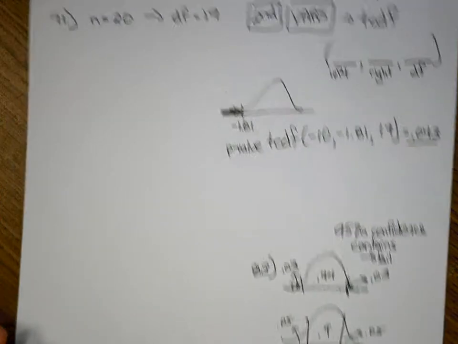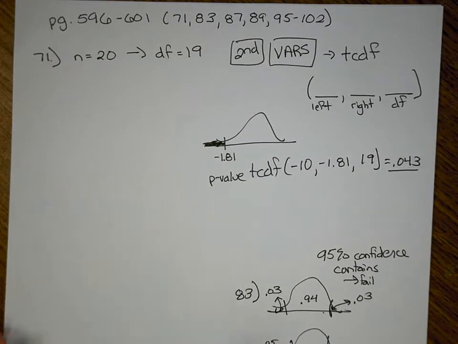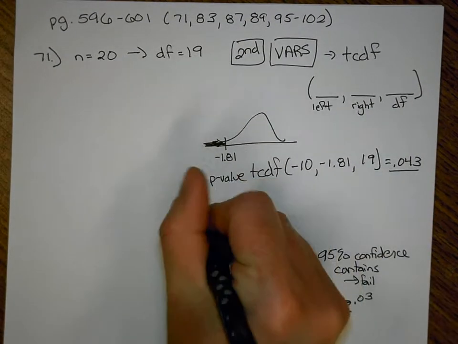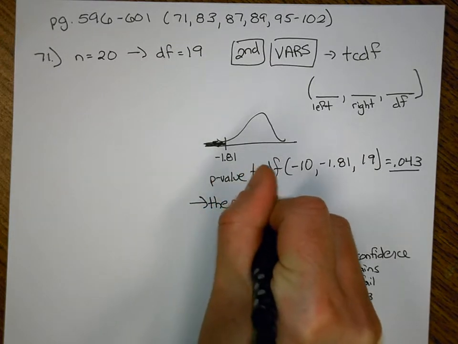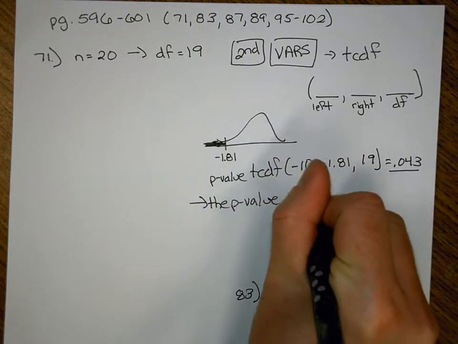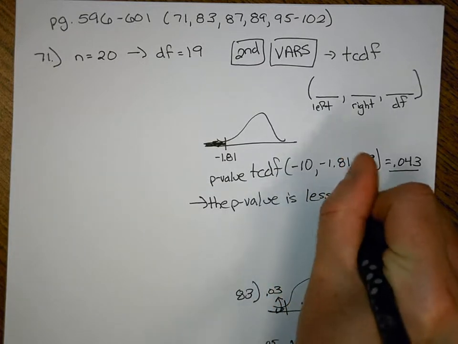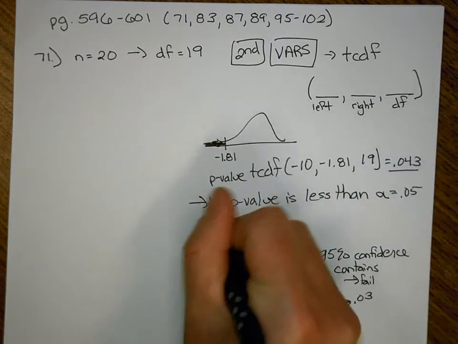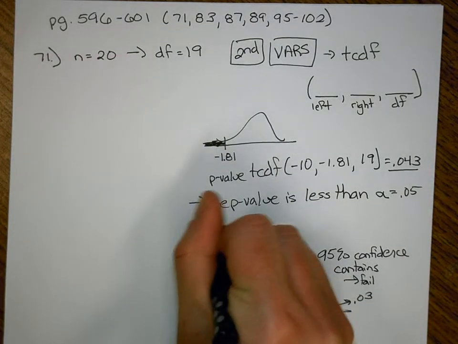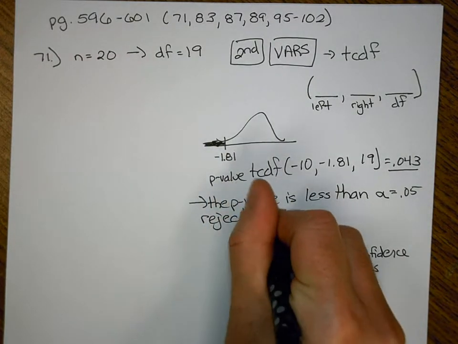Okay, back to 71. 0.043, the p-value is less than alpha equal to 0.05, so you would reject the H0.